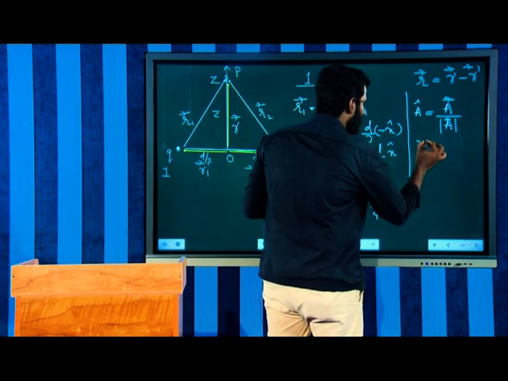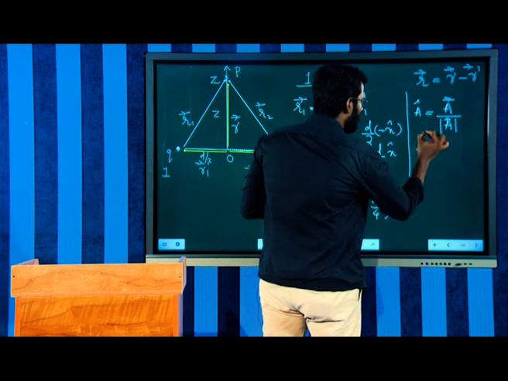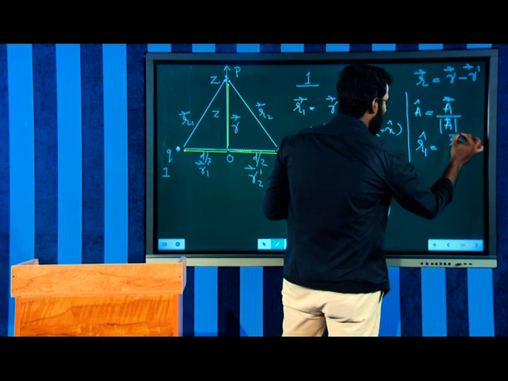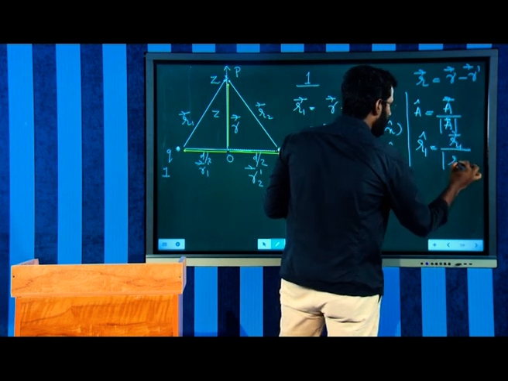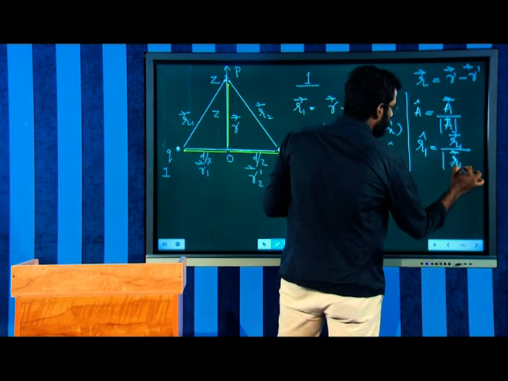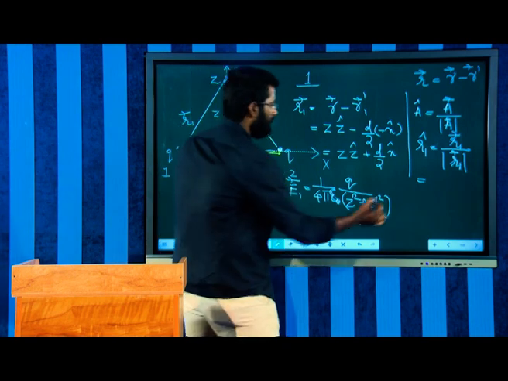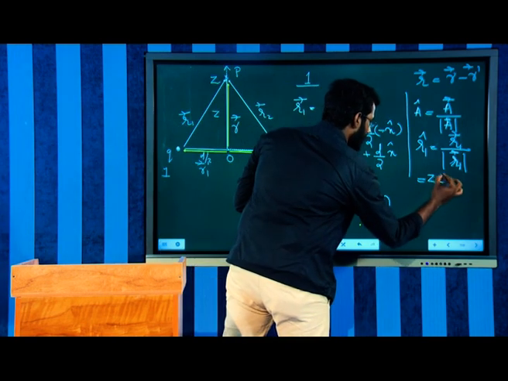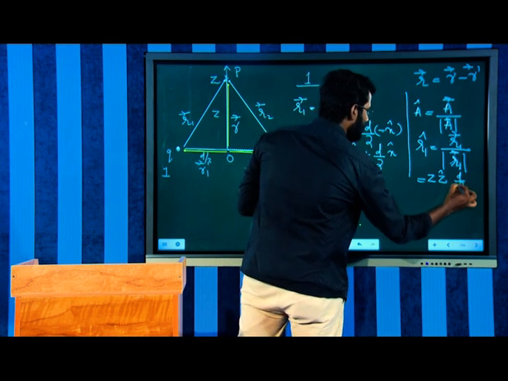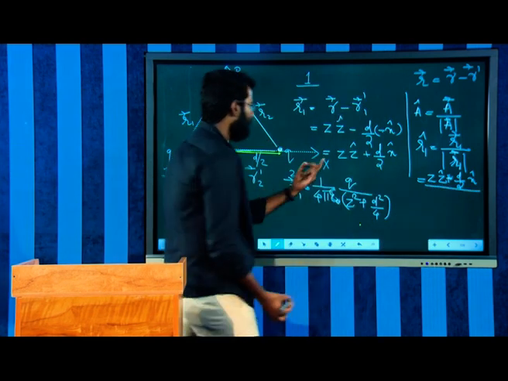Now we want to find r1 cap, which is equal to vector r1 divided by the magnitude of r1, and r1 is z z cap plus d by 2 x cap, divided by the magnitude of this vector.